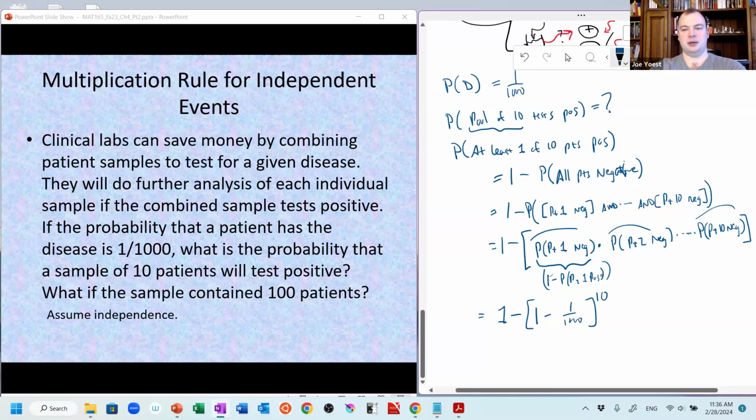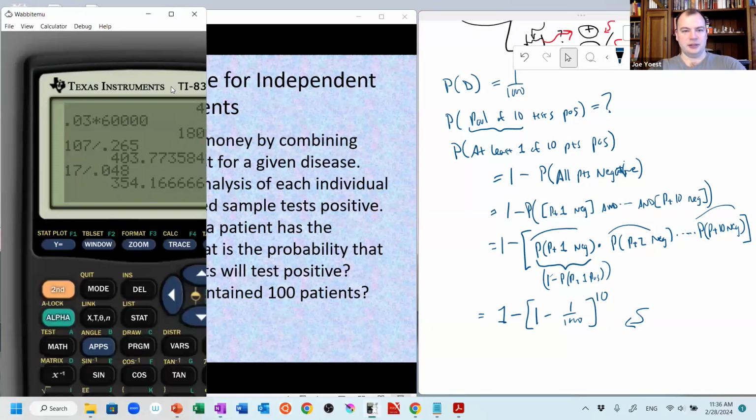This is a structure that comes up fairly commonly in probability theory. This idea of 1 minus parentheses 1 minus something to a power. So what does this end up being? Let me bring up the calculator.